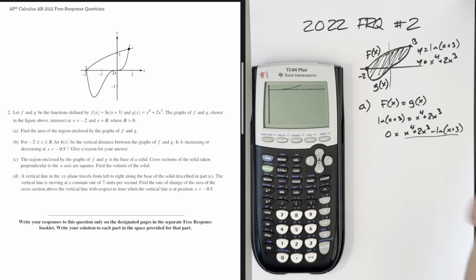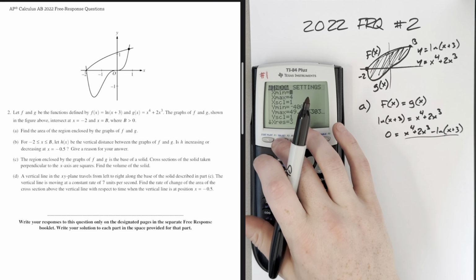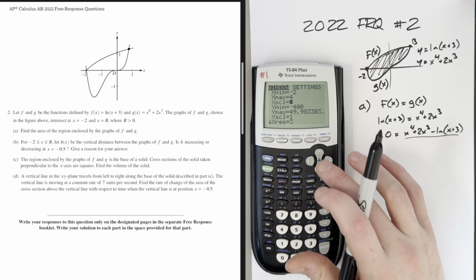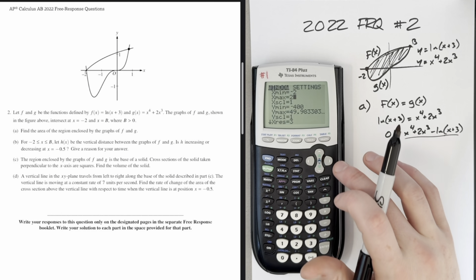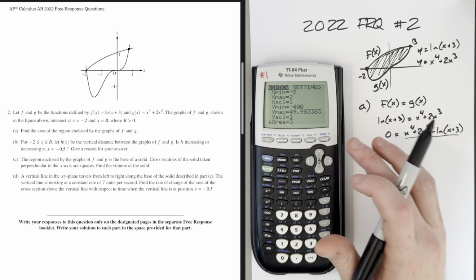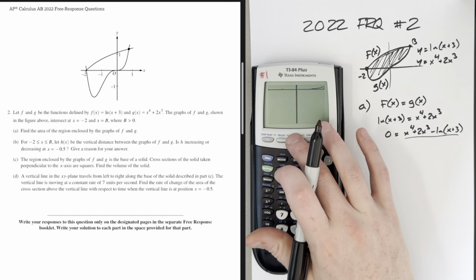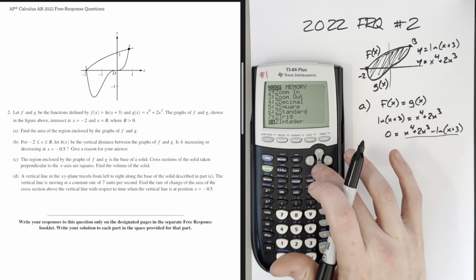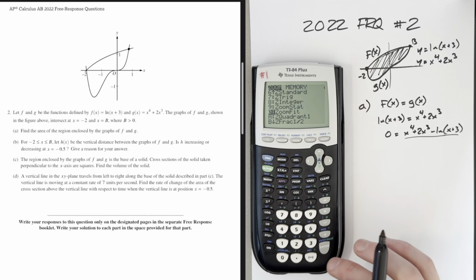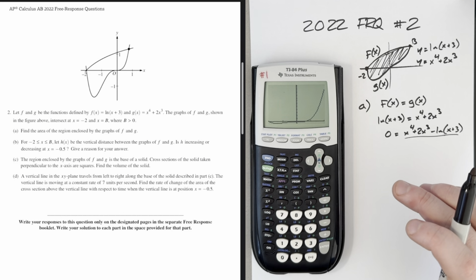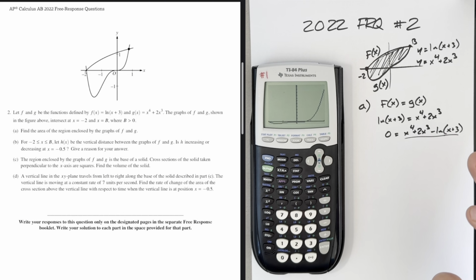If I graph this, my window's a little janky. We'll go from -2 to, our graph gives us 2, so I'll do that. Our y minimum is way off, so we're going to need to switch our window. I do that by going to zoom and then zoom fit. That really works well for me. Oh, that still isn't great, to be honest.